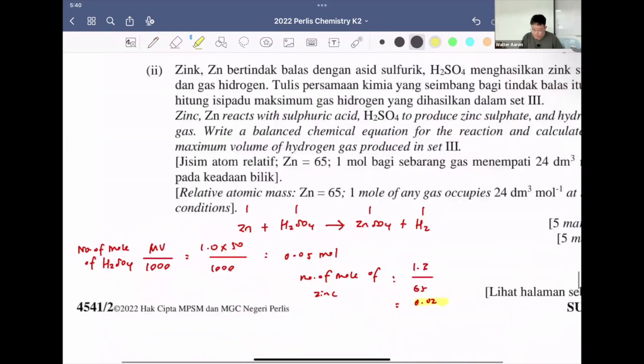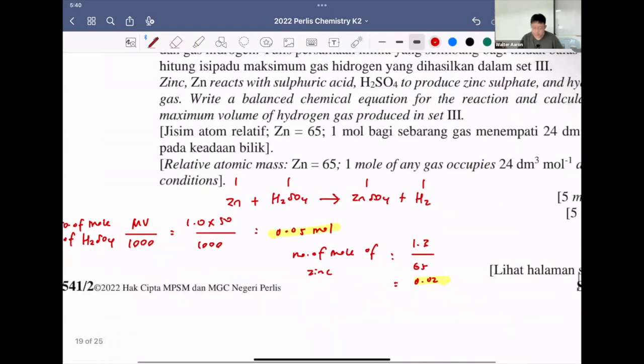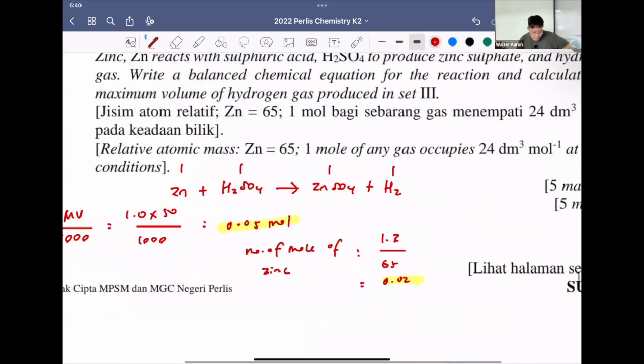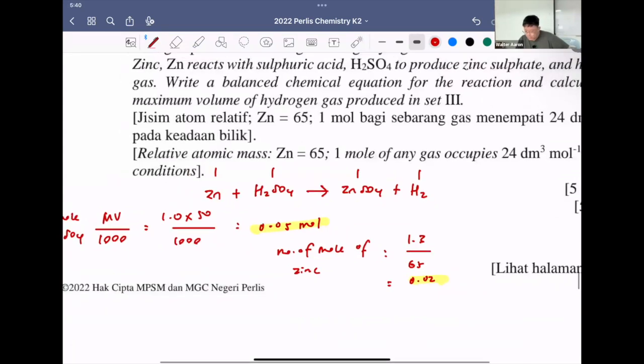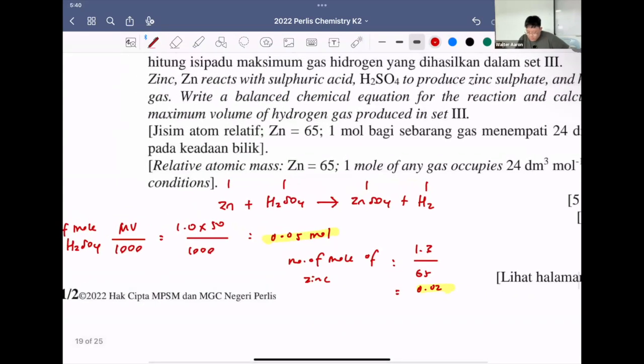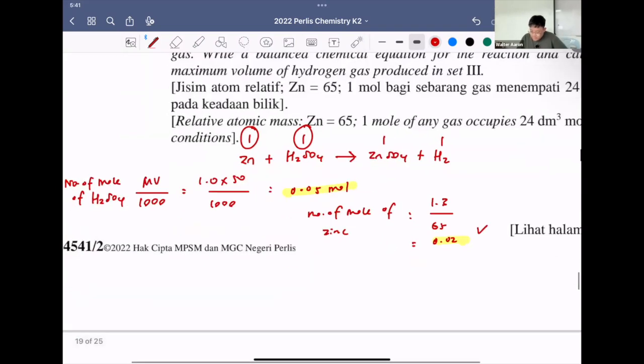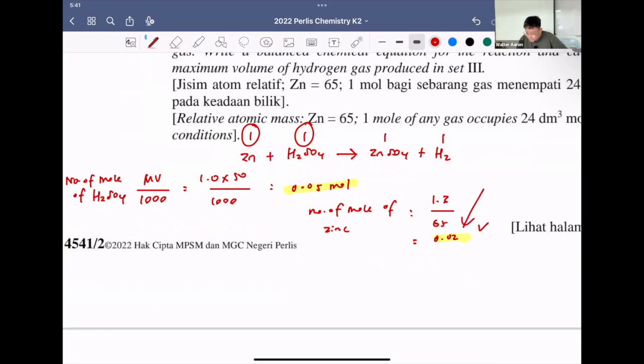So technically, sulfuric acid is in excess, and the limiting factor here is zinc, because it's supposed to be a 1-to-1 ratio, but you don't have enough zinc to react completely with 0.05 mole of H2SO4. So this is your limiting factor. So we're going to follow that particular number of moles to get our answer. So assuming that we have this one as our reference, then we know that every single substance here will also have the same number of moles.